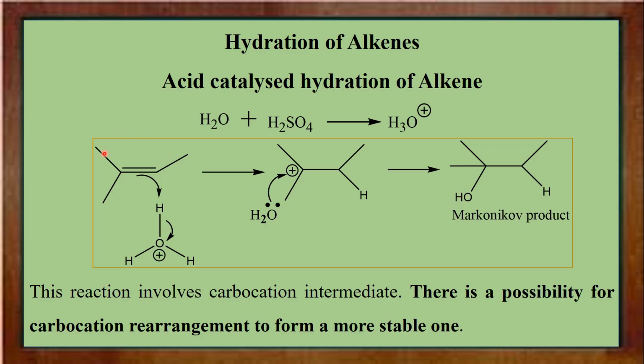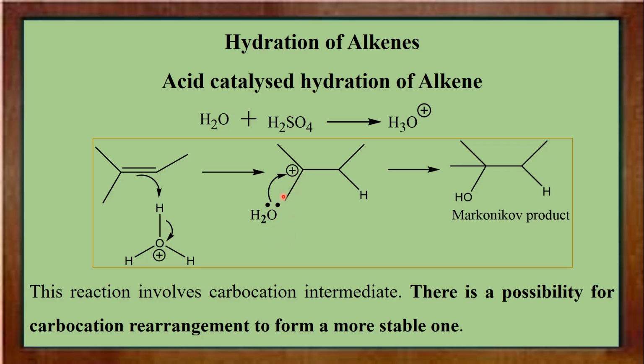So we started with an unsymmetrical alkene. One side is more substituted, the other one is less substituted. To the less substituted carbon, H plus is added. Therefore, a more substituted, more stable carbocation is generated.